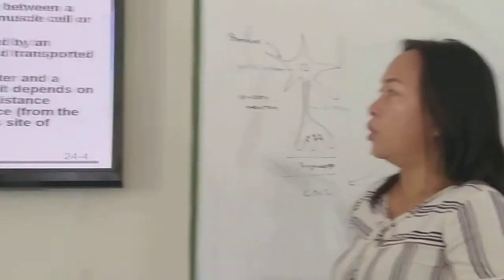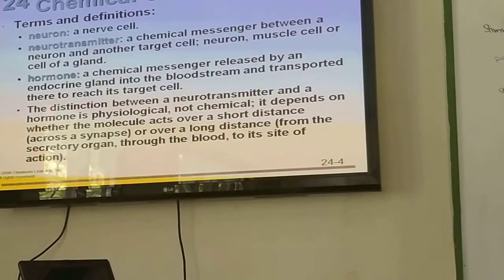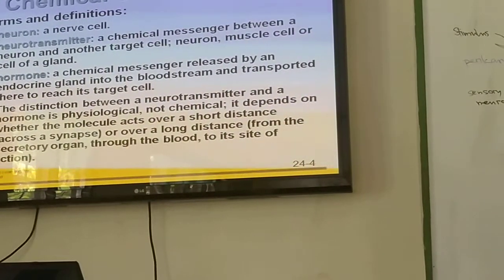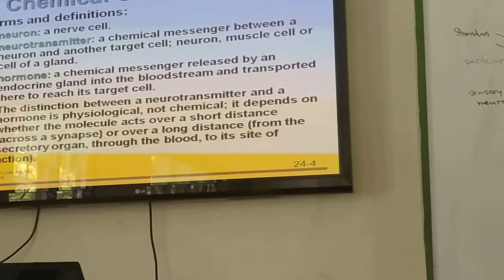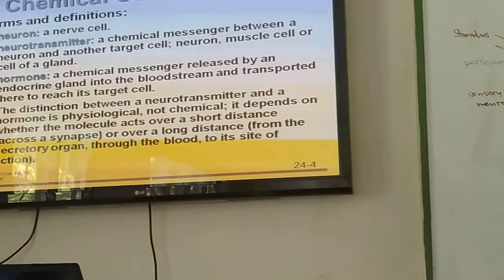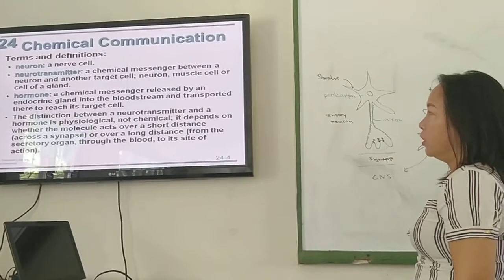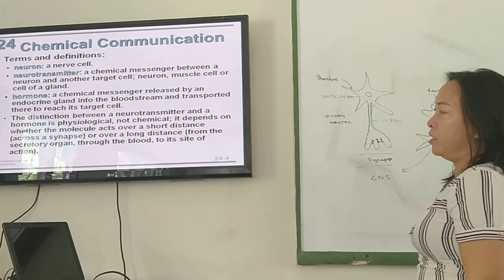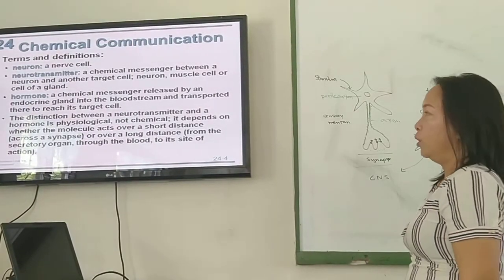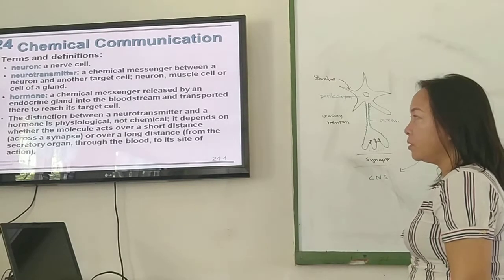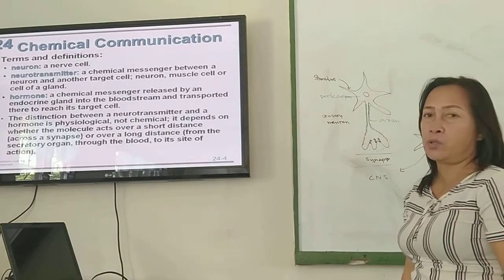And what is the hormone? It's a chemical messenger released by an endocrine gland. So it's controlled by the endocrine system into the bloodstream and transported there to reach its target cell. So most of these hormones are released via the bloodstream.